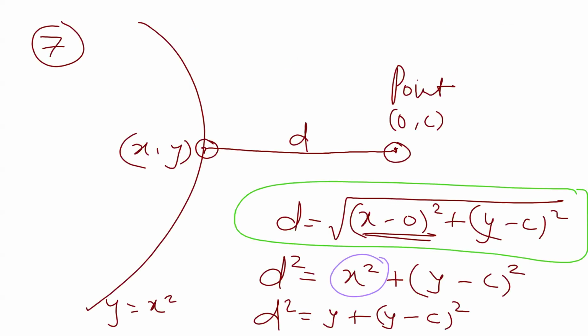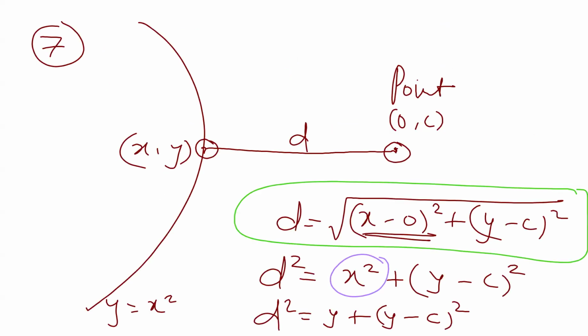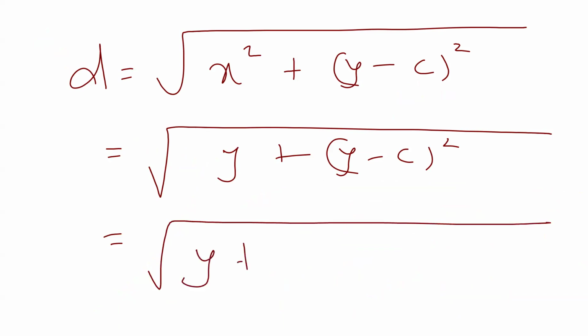See, now the value of x square. Otherwise, what you can do is, 1 second. Yeah. So put x square as y, leave it. We'll just do it this way. Y plus y square minus 2cy plus c square.